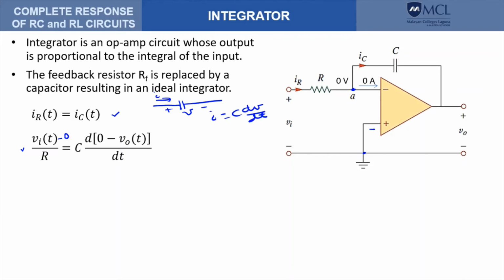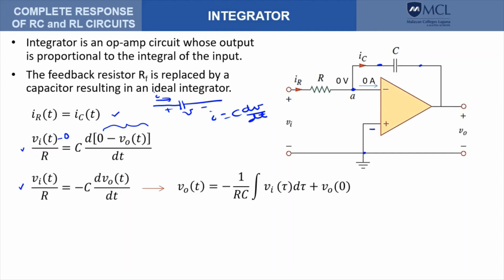We apply that relationship, so the voltage across the capacitor is 0 minus V naught. We can write it in a simpler equation that looks like that.